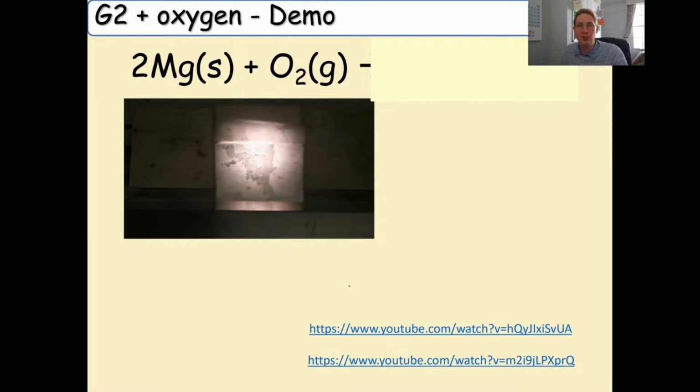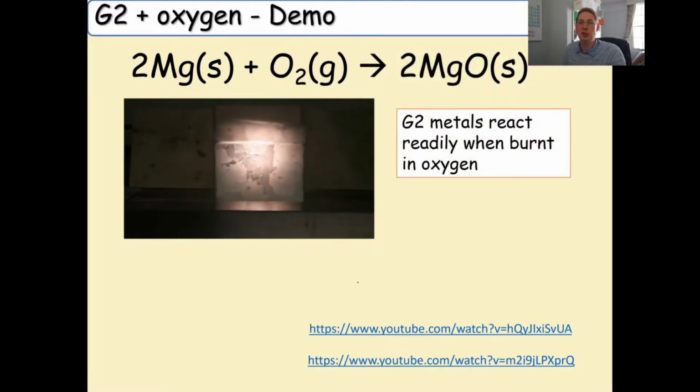You've seen the bright white flame, probably through a blue filter, if your teacher was being very safe. And you should know that it generates the group 2 oxide, so magnesium oxide, for example. State symbols, magnesium solid and oxygen gas going to magnesium oxide solid. Group 2 metals, all of them react readily when burnt in oxygen.